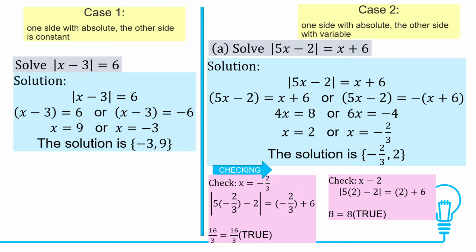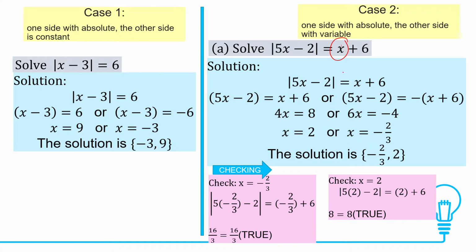Okay, now how are we going to solve our absolute equation? The first thing we do is we have one side with absolute and the other side constant. What is the special difference between case 1 and case 2? Case 2 has the other side with a variable. The only difference is not the way to do it.